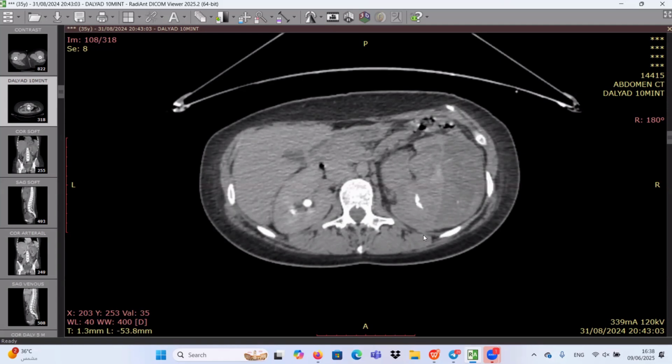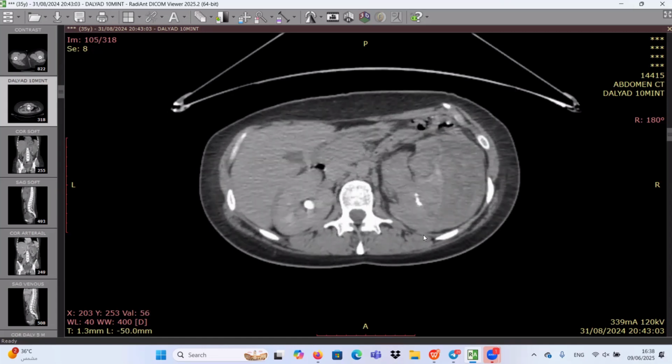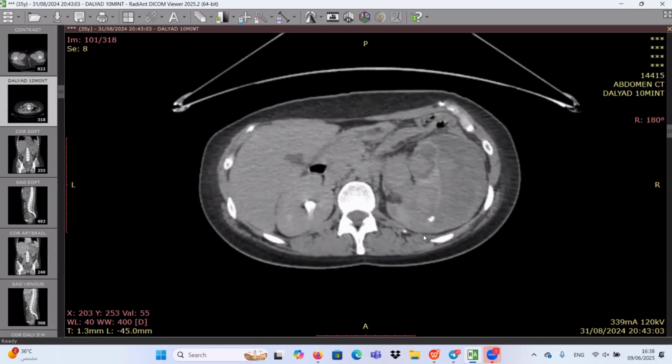I would like to ask you one last question, please. If I tell you that the patient is hypertensive, not hypotensive, not hypovolemic, in spite of this large hematoma, the blood pressure is either normal or slightly high. Can you give me any explanation for why, in spite of this large hematoma, the patient is not hypovolemic?